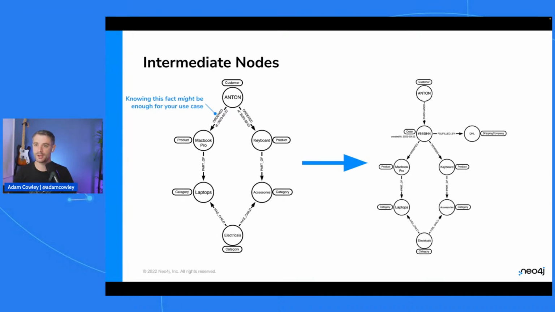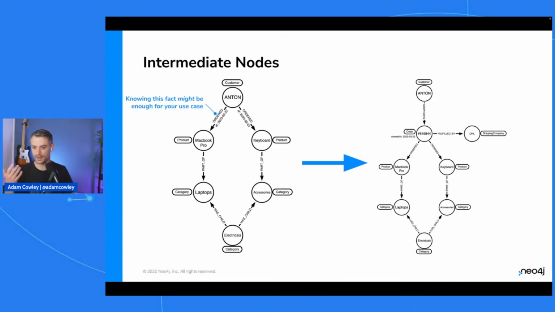But there may also be cases where that isn't good enough. What we can do is take that information from our derived model and extract a relationship out into a first class citizen, or a node in its own right.